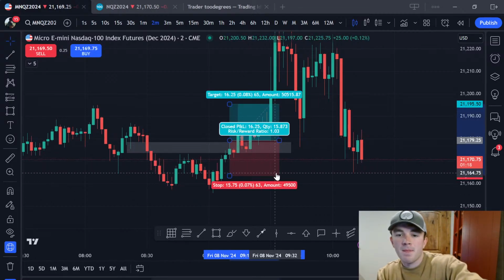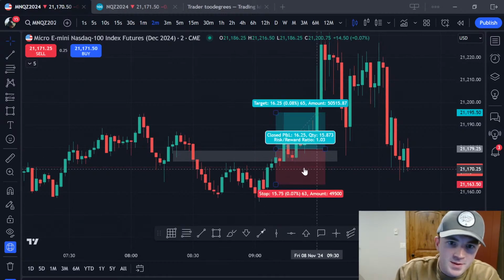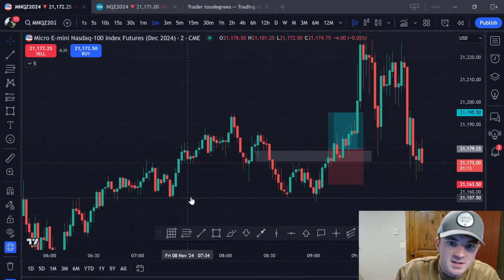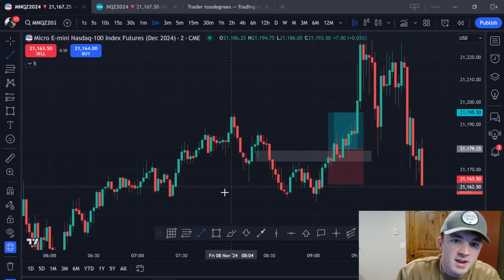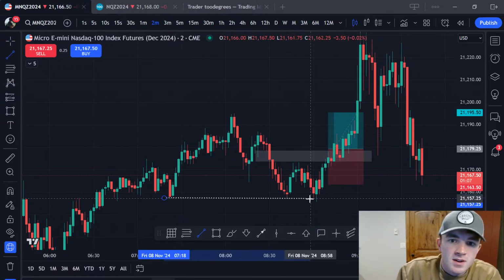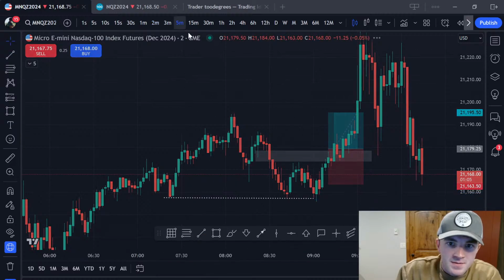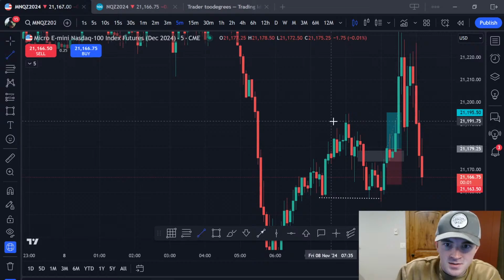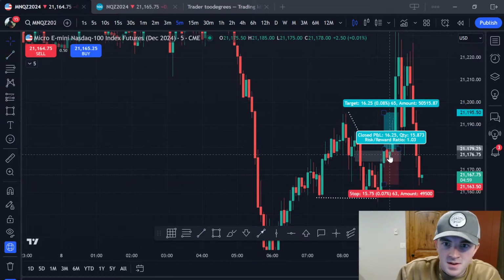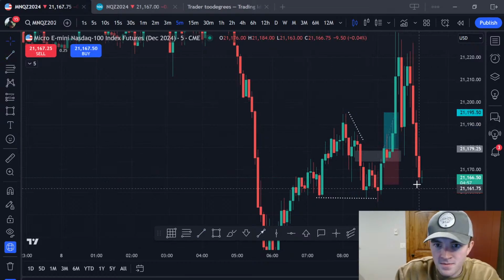So, anyway, yeah, this was the main trade of the day today that I noticed, but I didn't take it. We swept out this low, got this 5-minute close above, and then just targeting this low resistance liquidity here. It's about a 1-to-1.